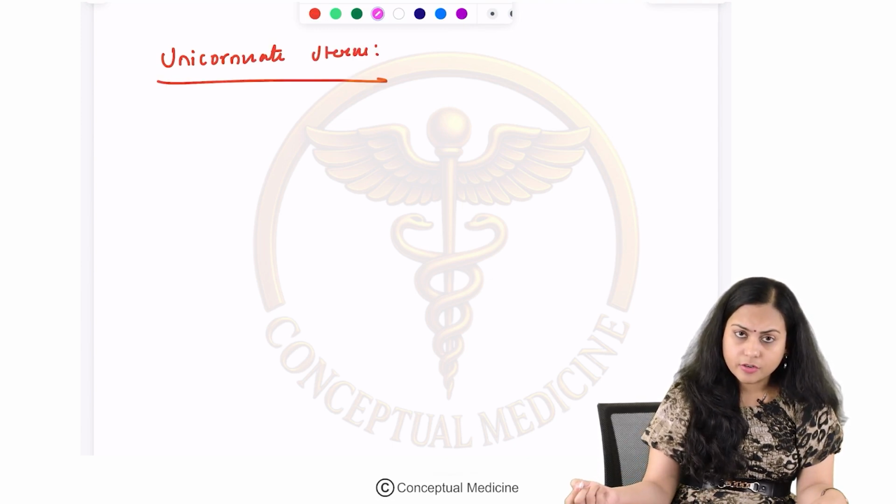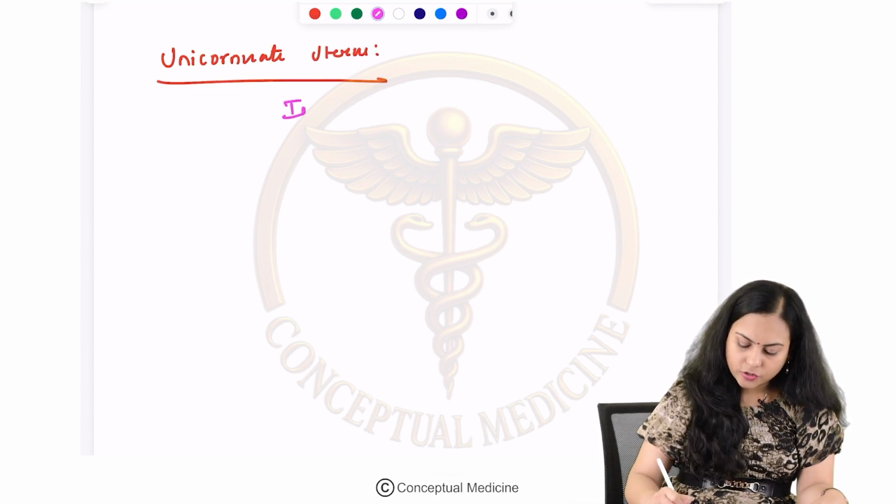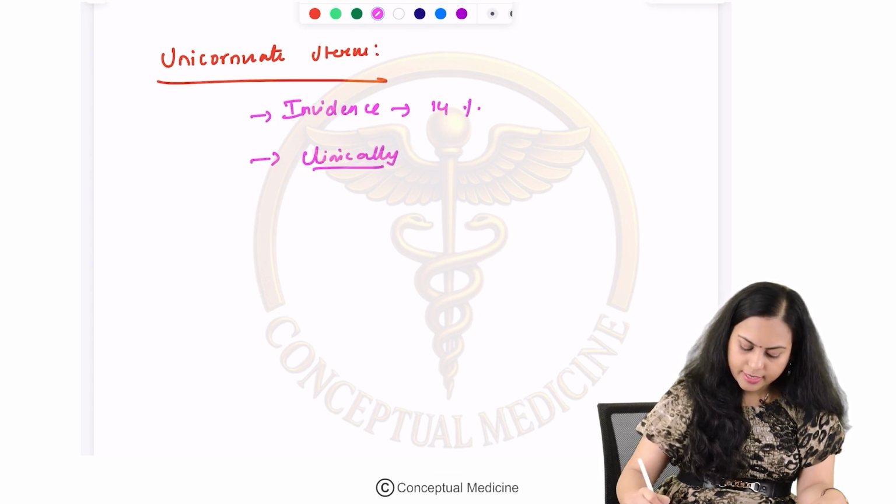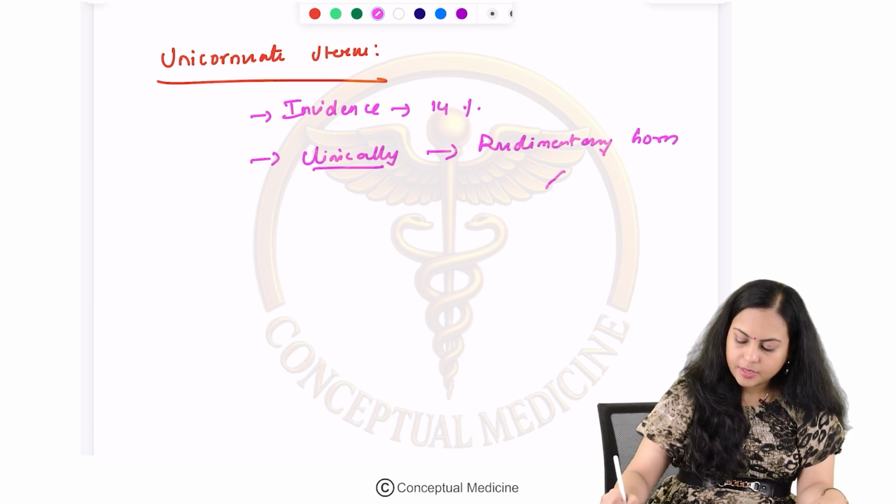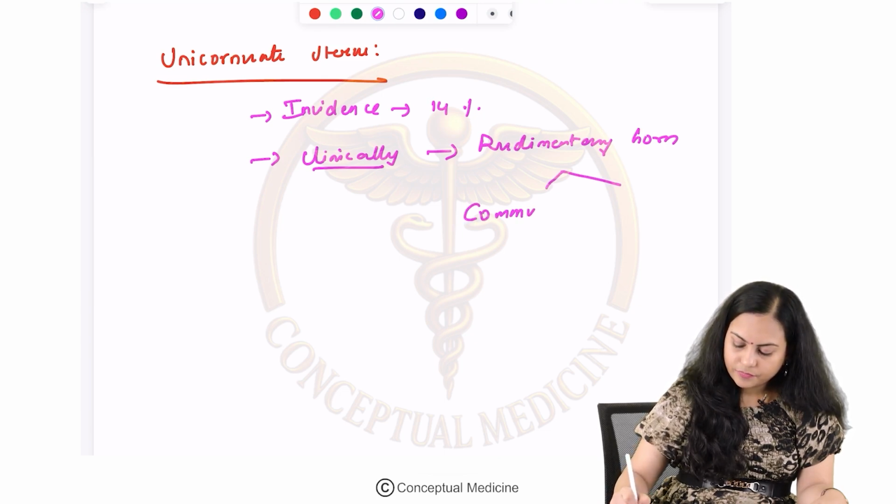Incidence of unicornuate uterus is around 14%. And clinically, the uterus is markedly deviated to one side. As I already told, you can have a rudimentary horn that can be communicating or not communicating as well.